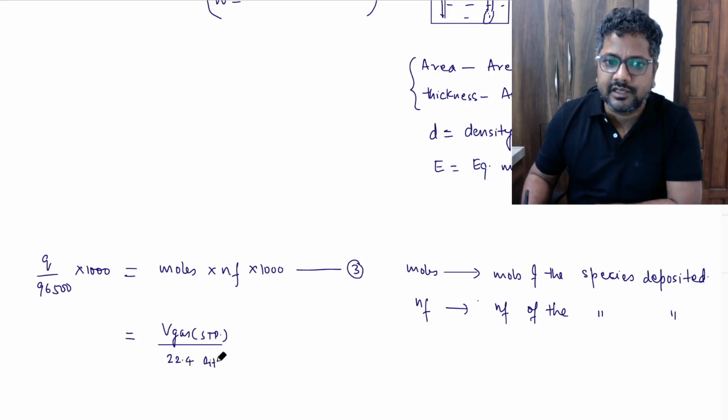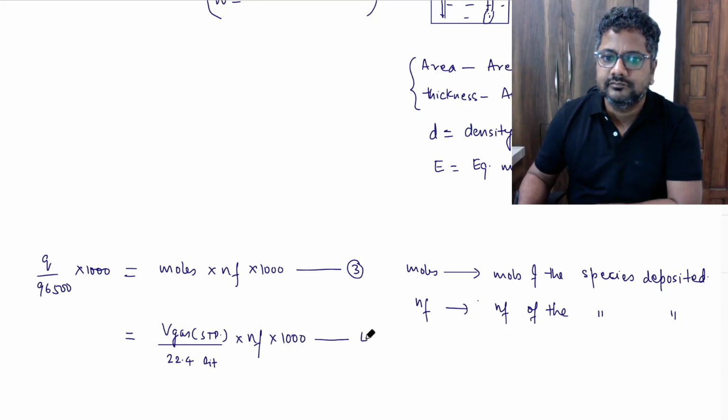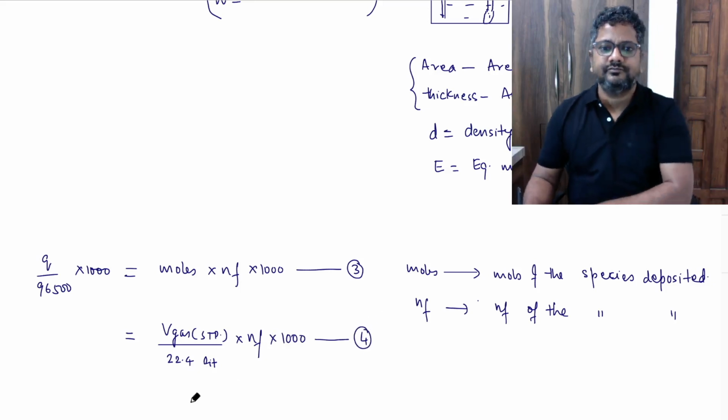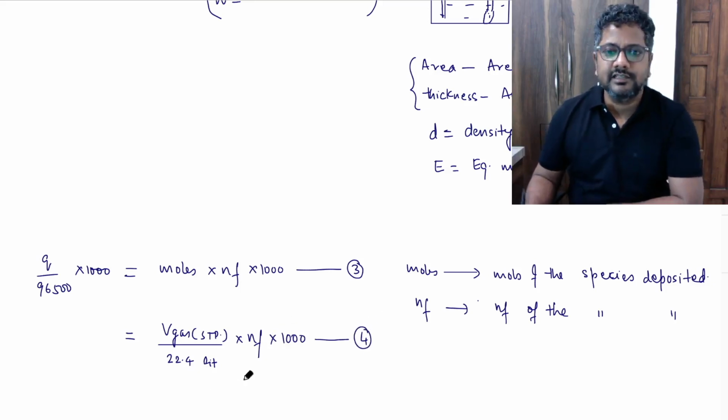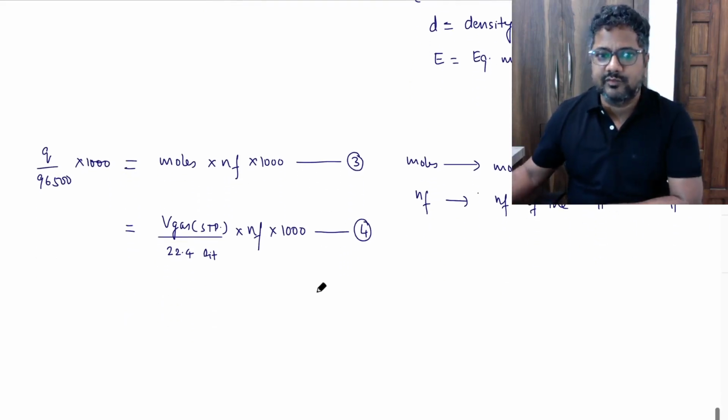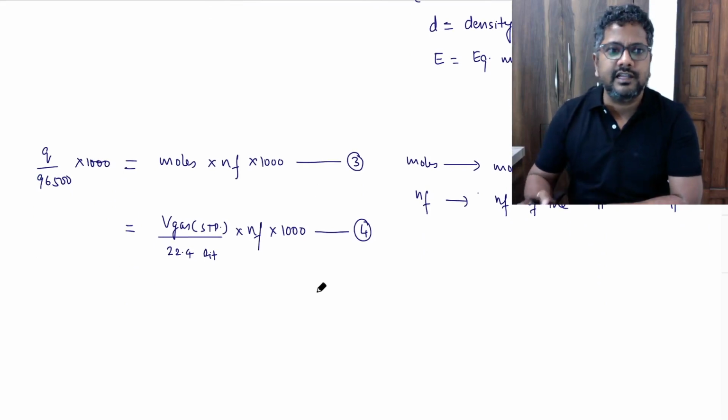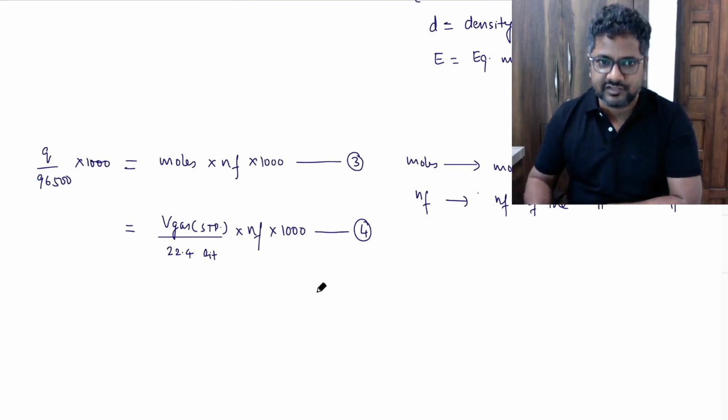Be careful with units: liters, into n factor of the gas into 1000. All these formulas you can use, but in all cases current efficiency should be 100%.